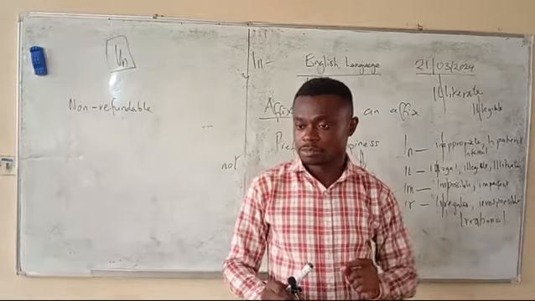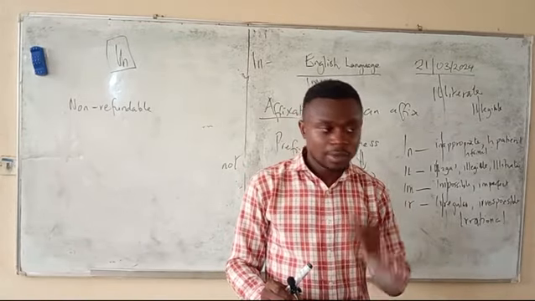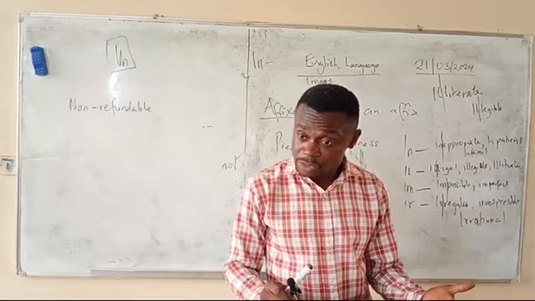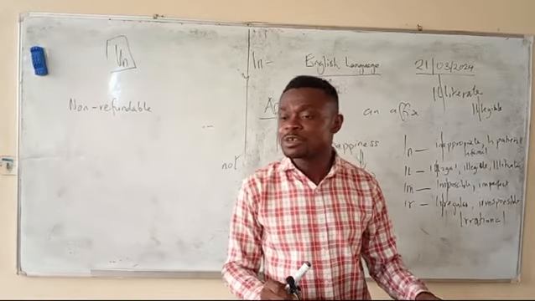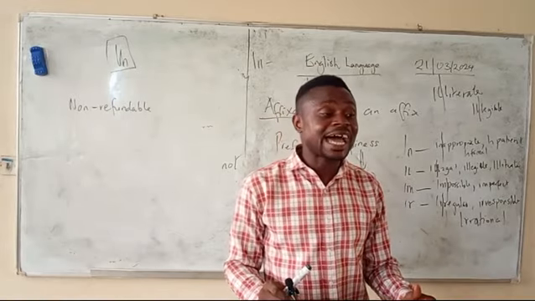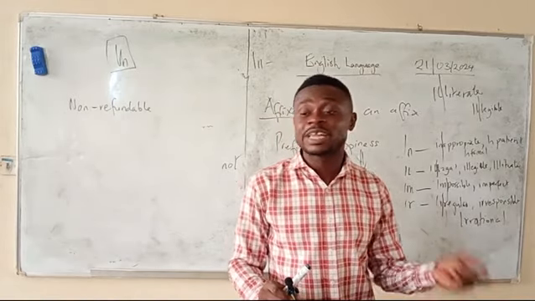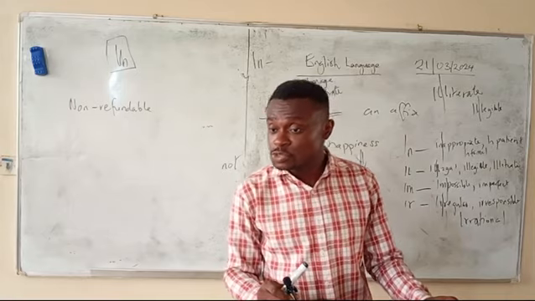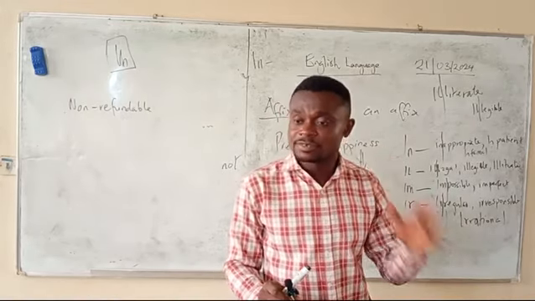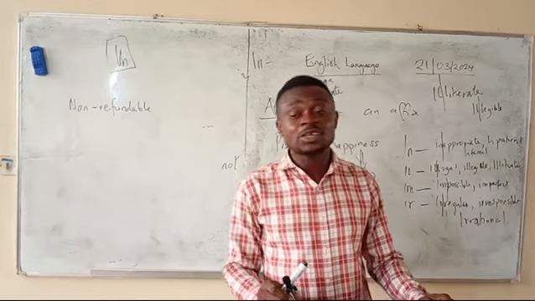A noun. Alcohol is a noun, the name of something. But alcoholic is not a name of something. Alcoholic is just qualifying something. If you say alcoholic drink, you are telling us the type of drink it is. So alcoholic there is an adjective.